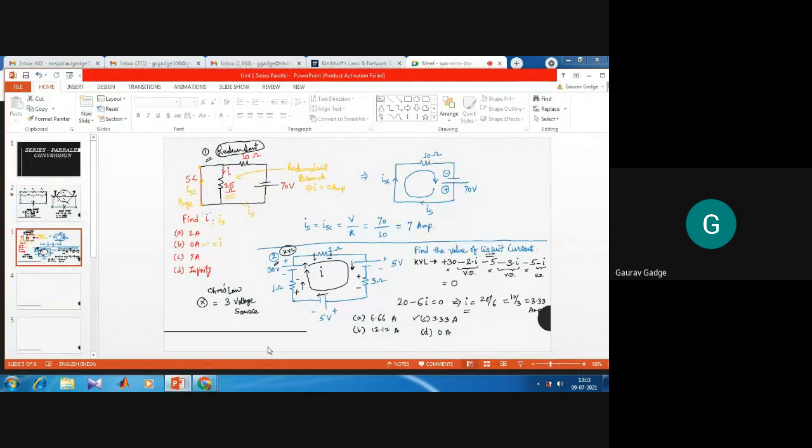Okay. Now I just move on to the next numerical. Generally, a simple numerical on the superposition theorem may be asked in the examination. So let us take this. This is our third practice numerical, revision numerical.